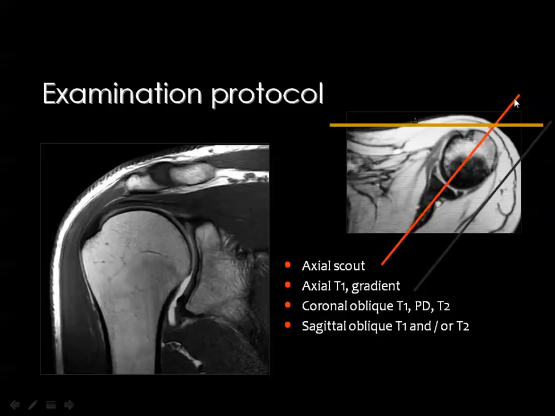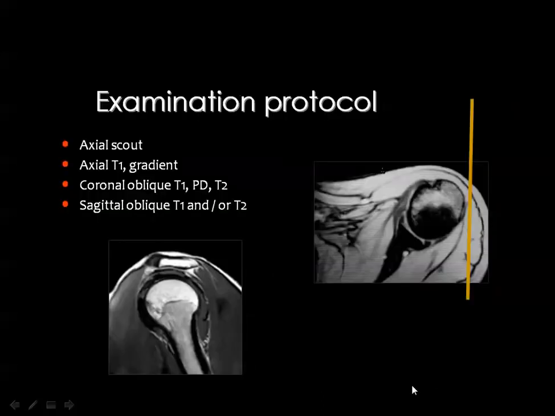Then you get the axis of the ice cream cone, and you cut parallel to this axis from anterior to posterior or from posterior to anterior. Then you get the coronal images in an oblique way, which will show nicely the anatomy and the pathology. The same applies for the sagittal images.